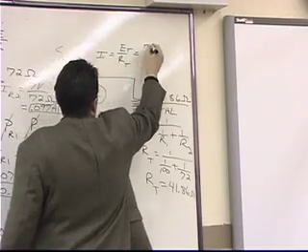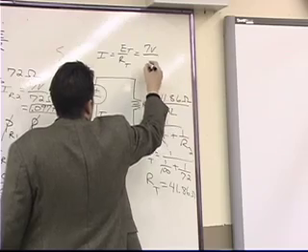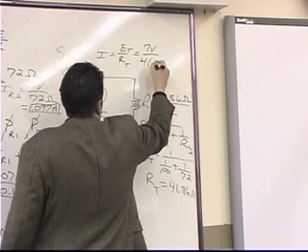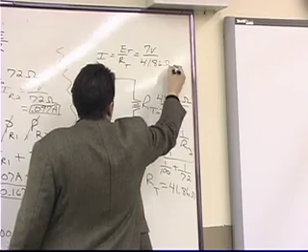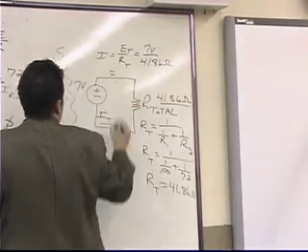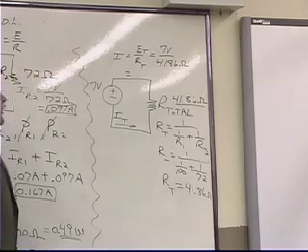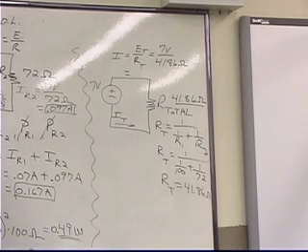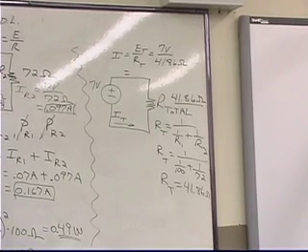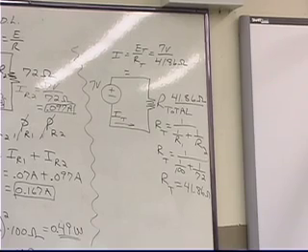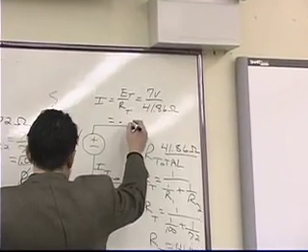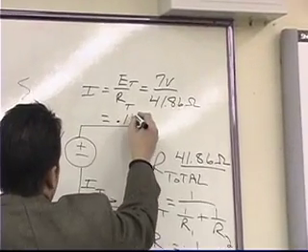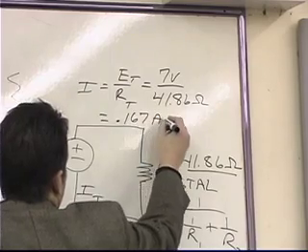So that's going to be 7 volts divided by 41.86 ohms. What do you get when you calculate 7 divided by 41.86? 0.167 amps.